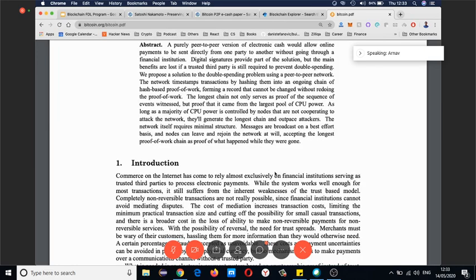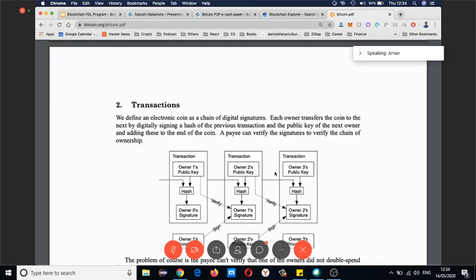So how do new Bitcoins come into supply? Bitcoin uses a proof of work algorithm, and what people are doing is trying to generate these new blocks.